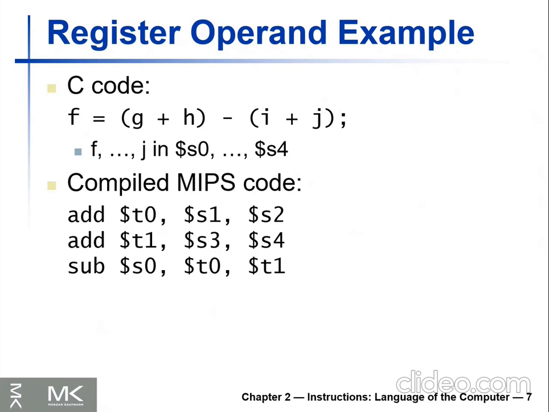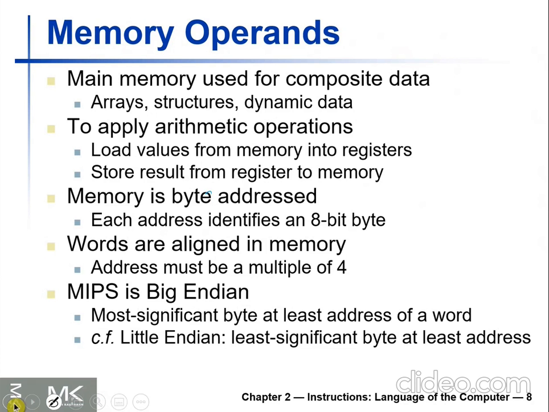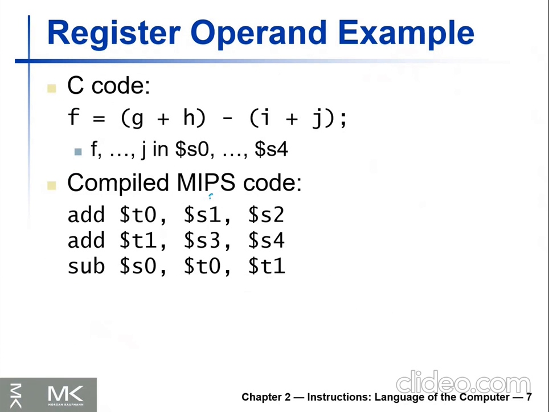Now let's see an example. This is basically the exact example that we saw before, but now it is real MIPS. For example, we said that T0 is equal to G plus H, which is not correct, because we don't have the concept of variables like in C or C++. Everything here should be in a register.